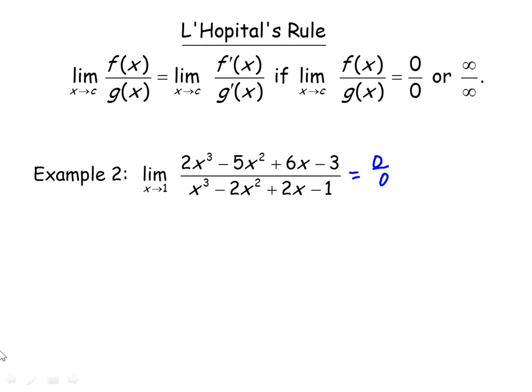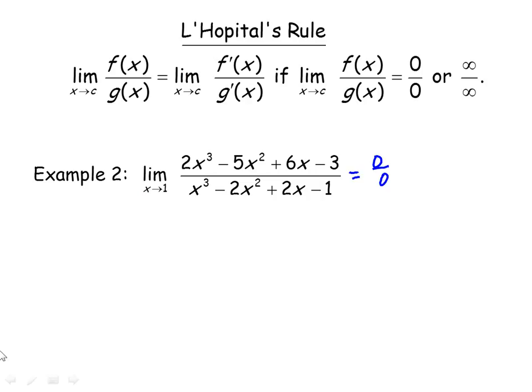Now, L'Hopital's rule states this. Let me kind of sort of decipher this for you. If you have a fraction, a quotient in your limit as x approaches some number, and you come up with an indeterminate form, 0 over 0, and also we could get infinity over infinity, which is the same thing.